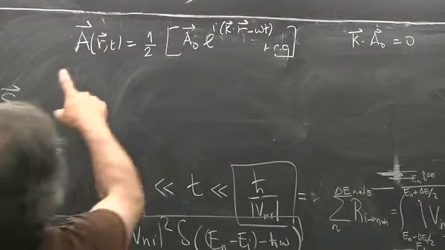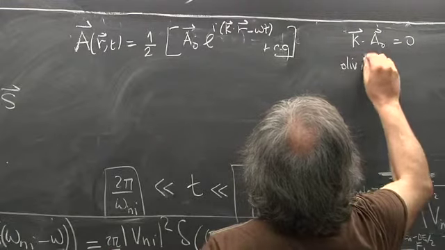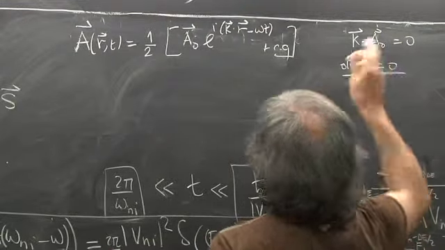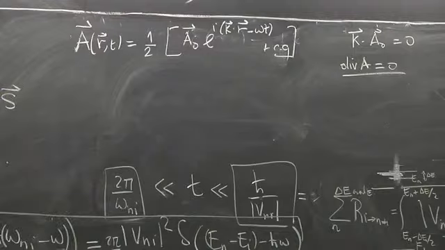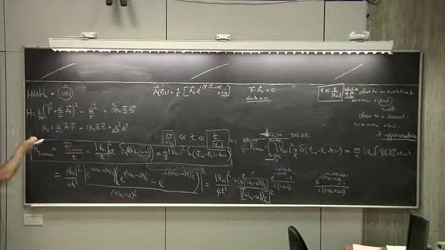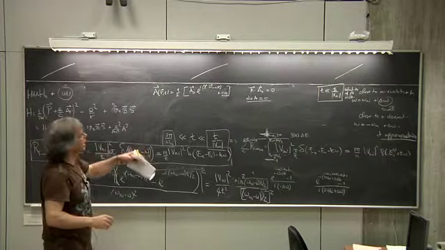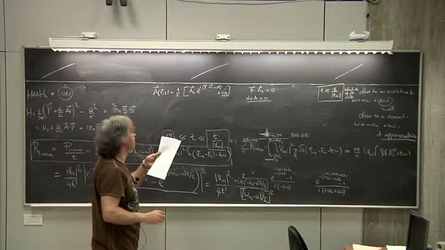This immediately, if you check, tells you that the divergence of A is 0. This is very nice, because if the divergence of A is 0, I know that I do not have to worry about the order in which the A and the p are set into that thing. Okay? So this is a particular choice of gauge that is particularly useful.